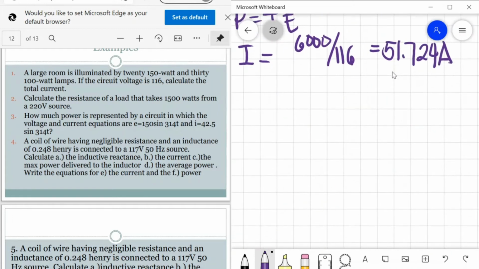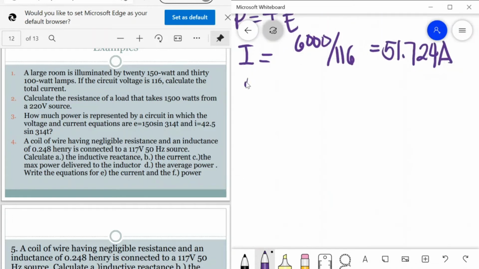Next, number 2. Calculate the resistance of a load that takes 1,500 watts from 220 volts. So, simply P is equal to IE. Calculate the resistance. We have another formula. P is equal to I squared R. Sorry, this is I squared R. But the given is voltage.